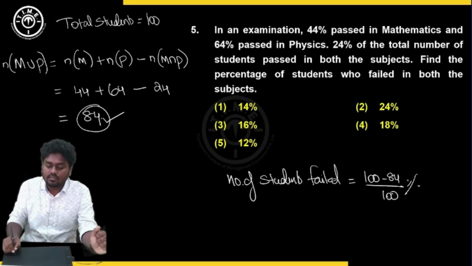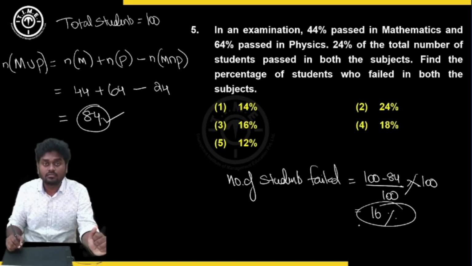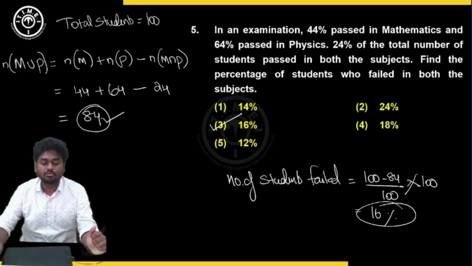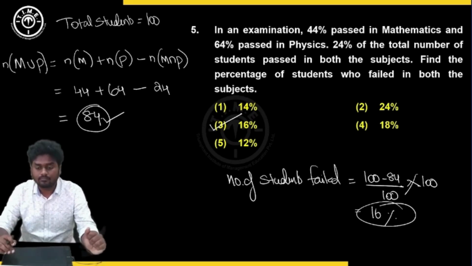Correct? Multiplying by 100 gives us the percentage. So 100 minus 84, we get 16. So 16 is the answer. So 16% of students failed in both the subjects. So it has to be option 3.